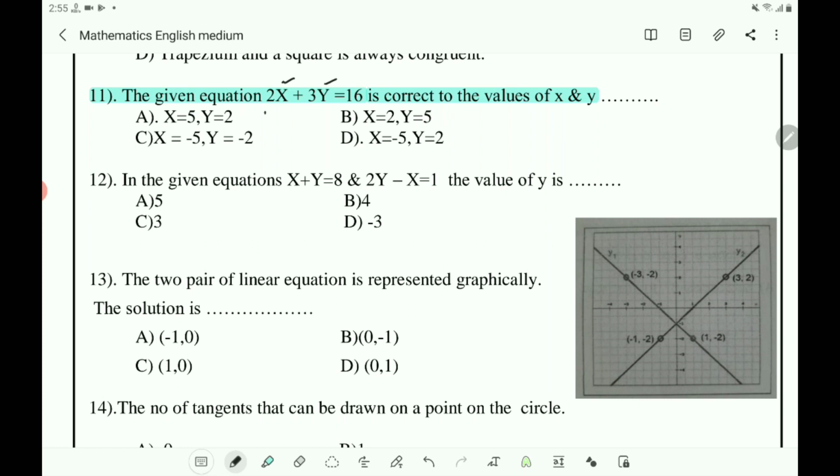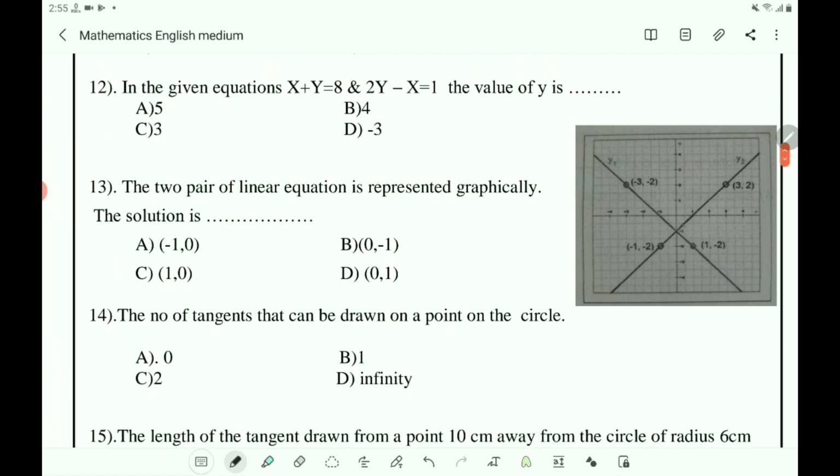Here it becomes 2 fives are 10 and 3 twos are 6. So here only you will get the answer. What is that? Option A, x equals 5, y equals 2. That is the value of x and y. So option A is the answer.